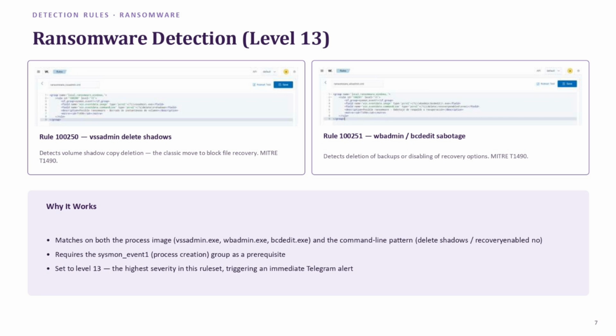Rule 100251 detects when they try to delete backups or disable the recovery option. Both rules check two things: the process image and the command line text, and both require the Sysmon process creation event as a condition. Because these patterns are so specific, they are also the most reliable rules in my entire project. They had almost no false positives during testing.